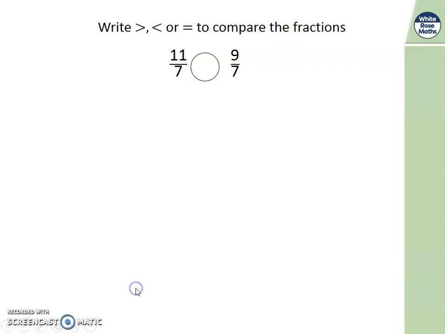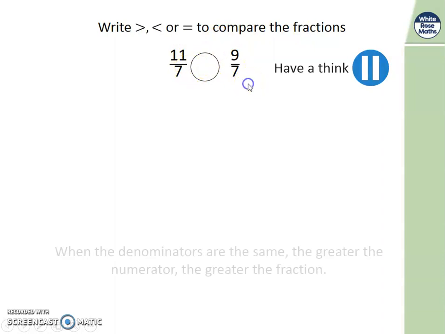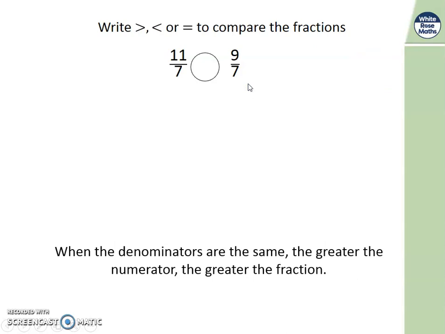Let's learn. We're going to be using our symbols again to compare the fractions. Have a think. What do you notice about these fractions in this part of the lesson? We're going to still be using our same rule. When the denominators are the same, and they are both 7, then the greater the numerator, the greater the fraction.